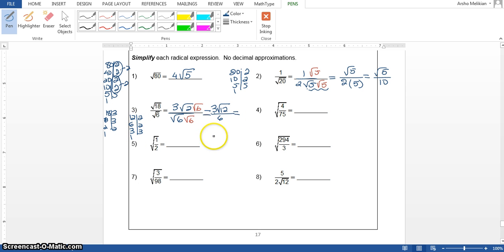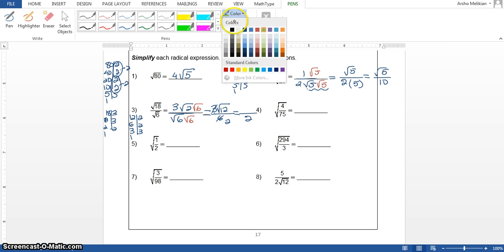So what I have here, let's do some work first. Can I simplify the 3 and the 6? Yes, and I get 2 on the bottom. The root 12, we said, was equal to 2 root 3.